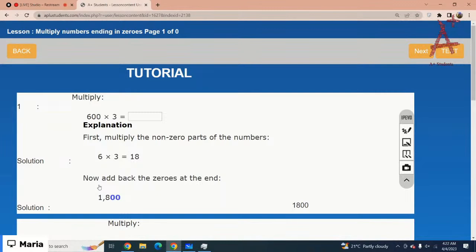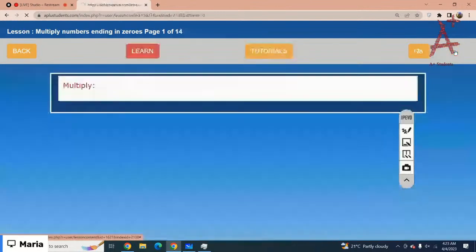Yes, you need to do 3 times 6, and 3 times 6 is 18. So you can add the zeros at the end. That's the same as we just did in the first lesson.